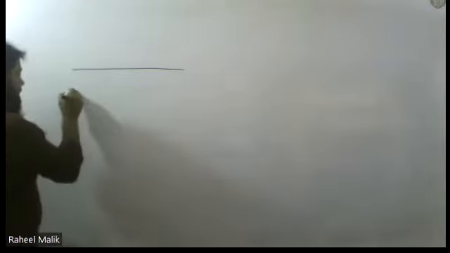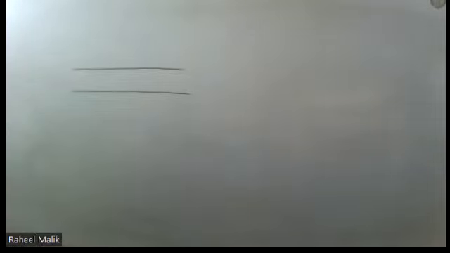Two lines are moving in such a way that they are not going to intersect with each other at any given point.